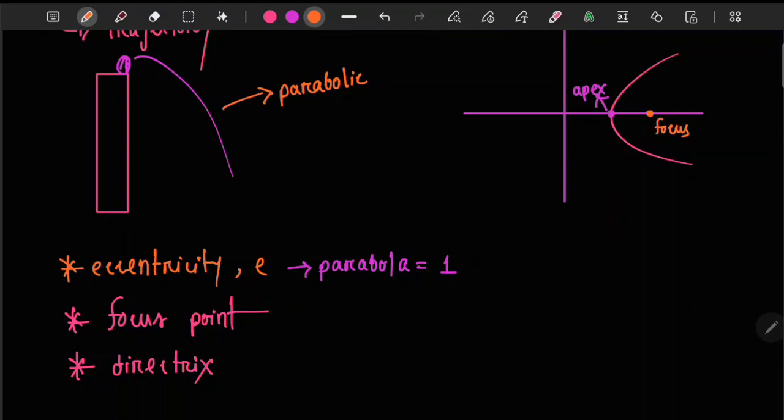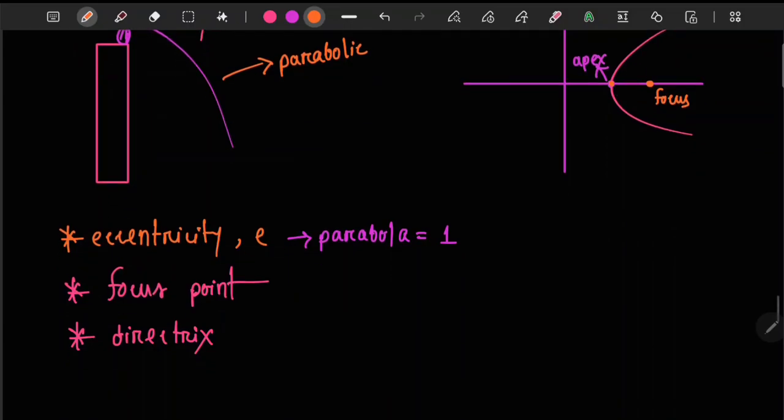So the distance from apex to focus, this distance is A. So how do you write that? It's kind of being messy. Okay, so that's A. It's a constant value and we write it with A. And why A?